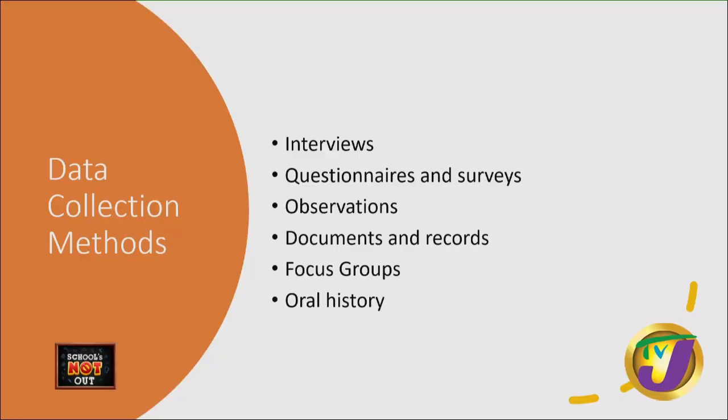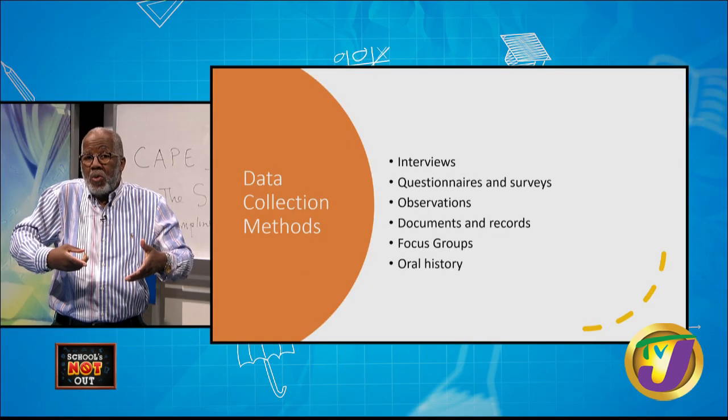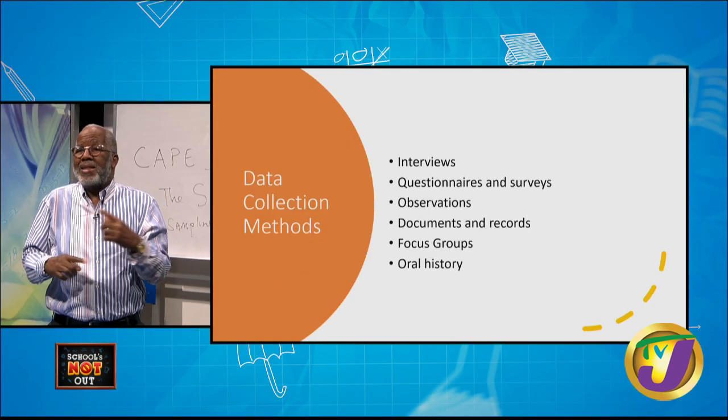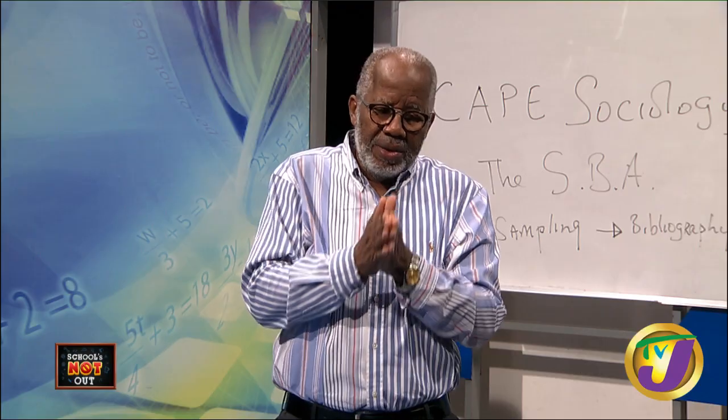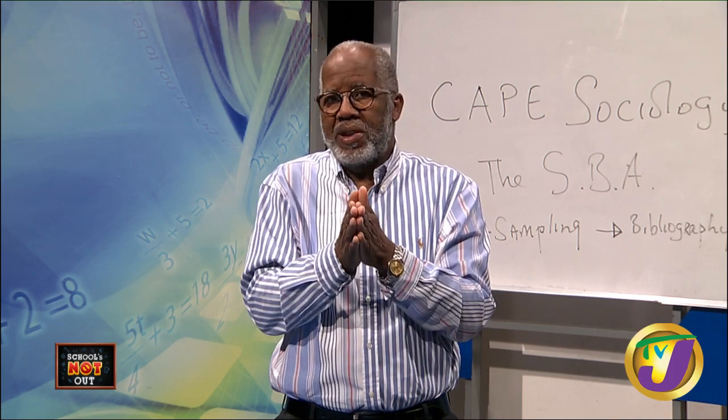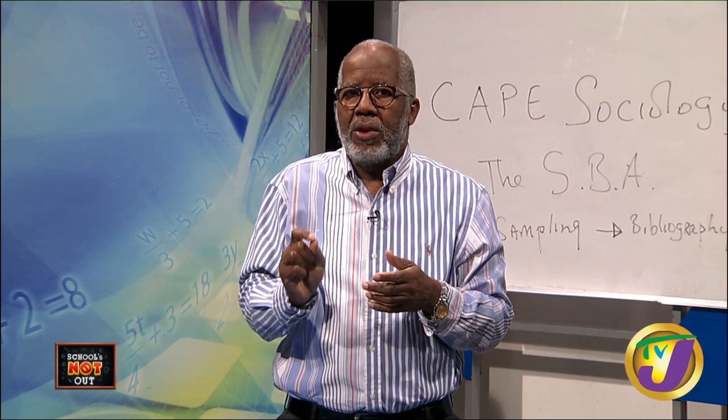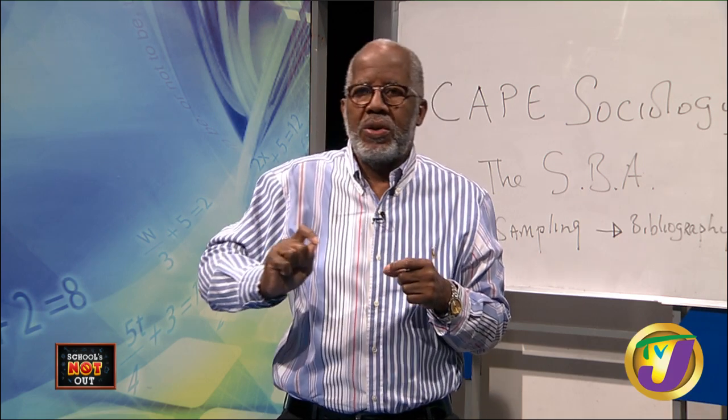So observation. Now observation should be quite clear, but it is not as clear as we would think. We also have participant observation, where you become part of the group in order to observe. And that comes with its myriad of issues, which I'll deal with. So here you are now, you're observing. You can observe and write down, make note, scribble, and so on.